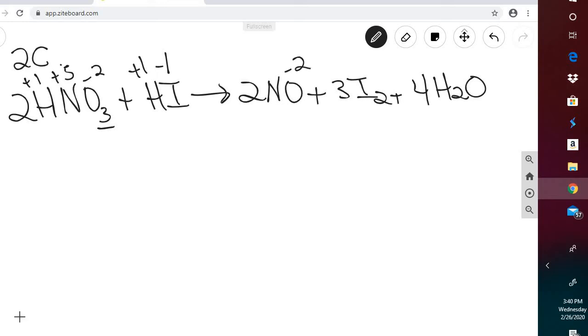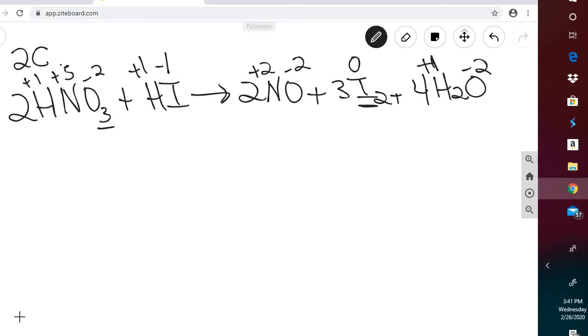Oxygen is -2, so the nitrogen has to be +2 because there's no charge. This is a homonuclear molecule, so that charge is 0. And then the hydrogens are +1, there's 2 of them, and so the oxygen is -2.